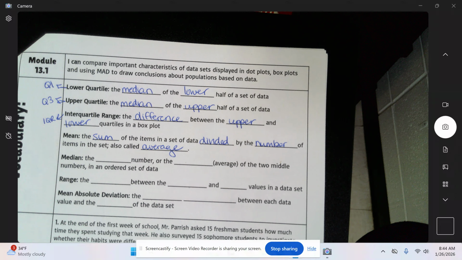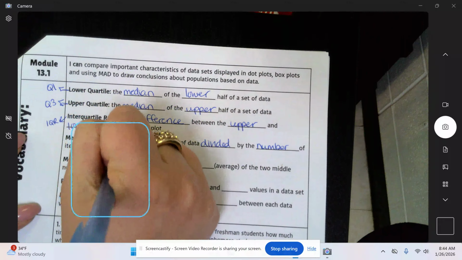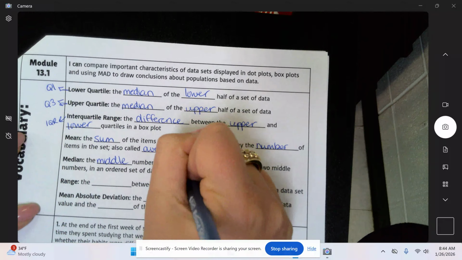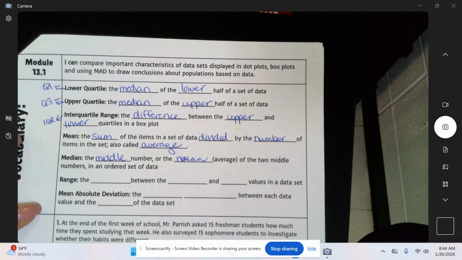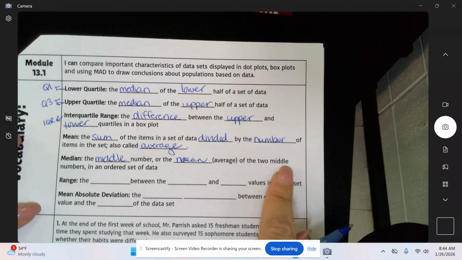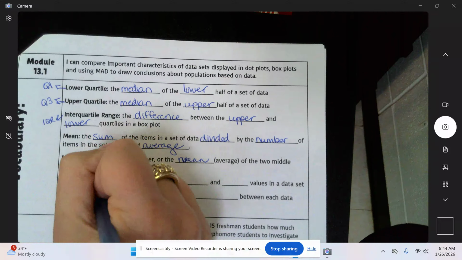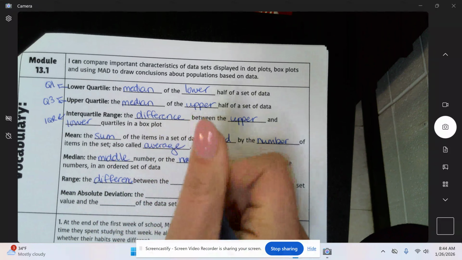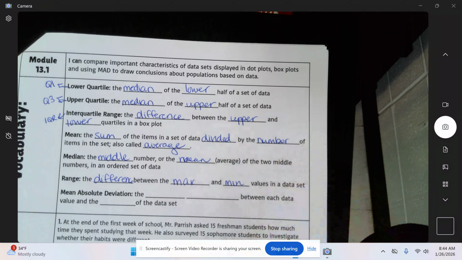So the median is the middle number. Or it's the mean, slash average, of the two numbers. So this is where you add the two numbers and divide by 2 if it's even. Okay? Range means difference. Big minus small. Between the maximum and the minimum.